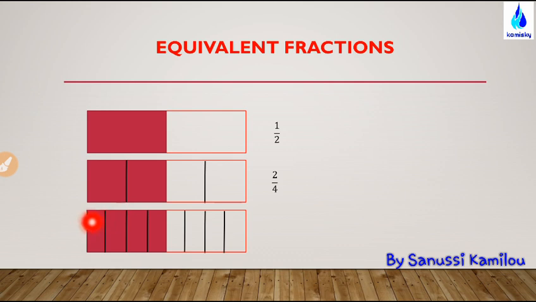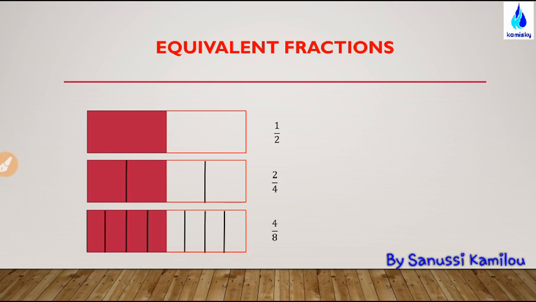So we are now having 1, 2, 3, 4 out of what? 1, 2, 3, 4, 5, 6, 7, 8. 4 out of 8. That is what we just represented.